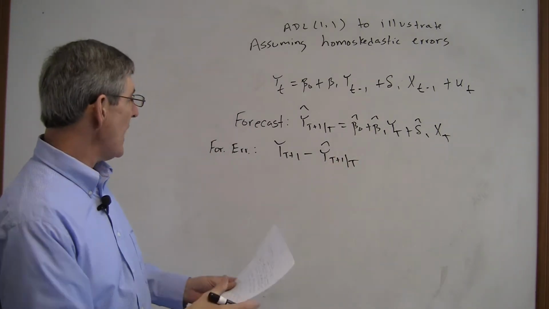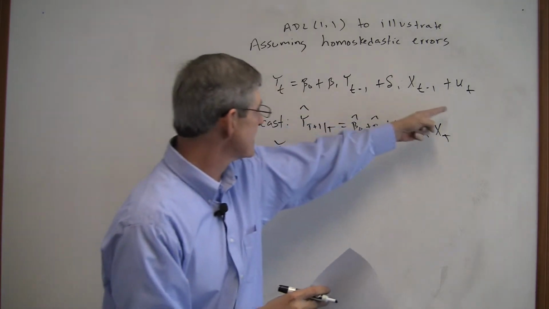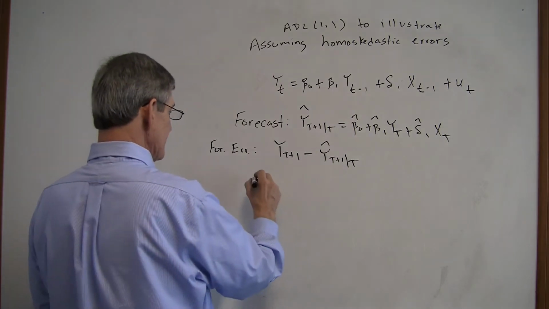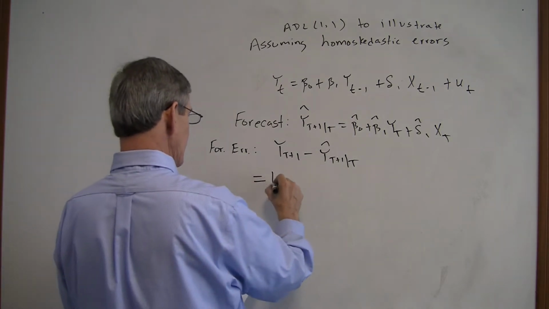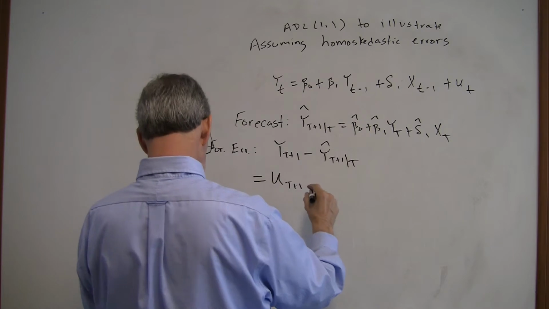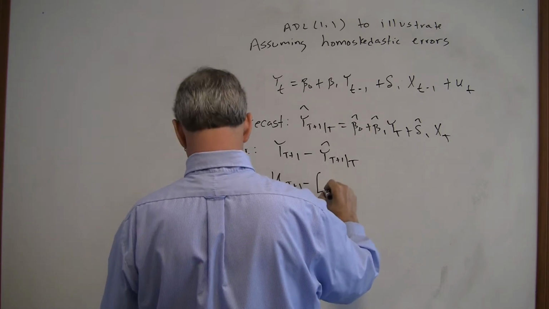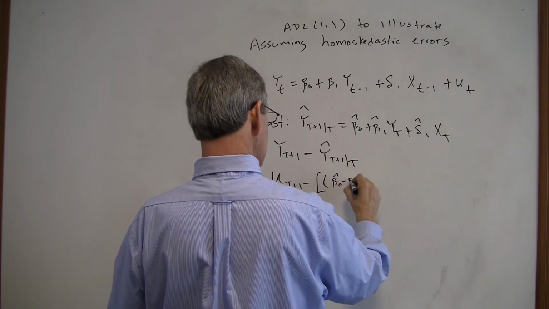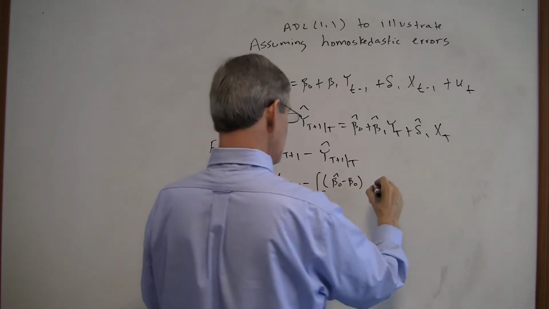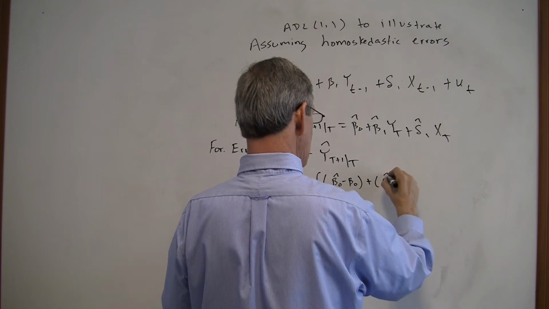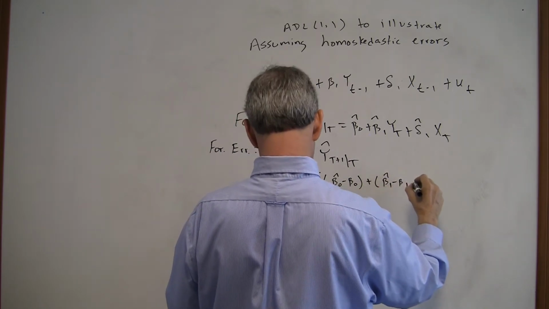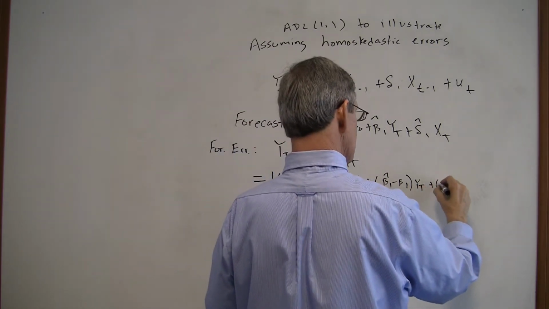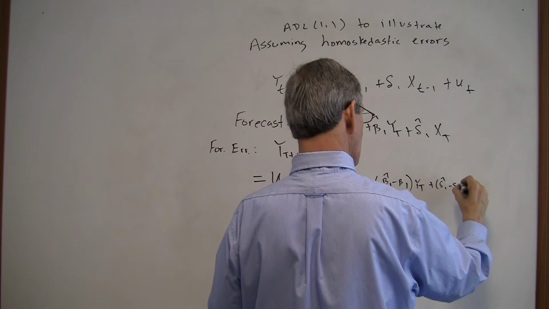If you just write in what y_{t+1} is and what y hat is, you can show that this is equal to, fairly simply, u_{t+1} minus [(beta naught hat minus beta naught) plus (beta 1 hat minus beta 1) y_t plus (delta 1 hat minus delta 1) x_t].